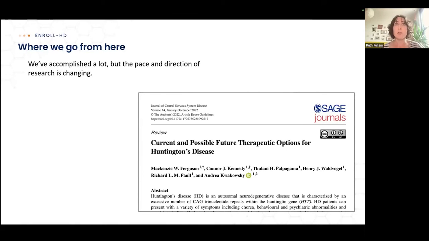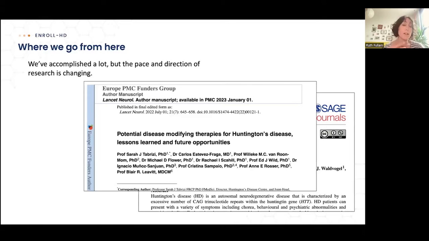Therapeutics that look to treat symptoms of the disease, so things like chorea, or looking at cognitive symptoms, like memory, concentration, that sort of thing. And then there are other therapeutics that are being developed, and these are more disease modifying therapies.